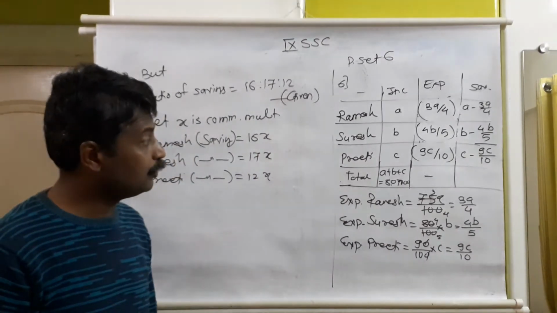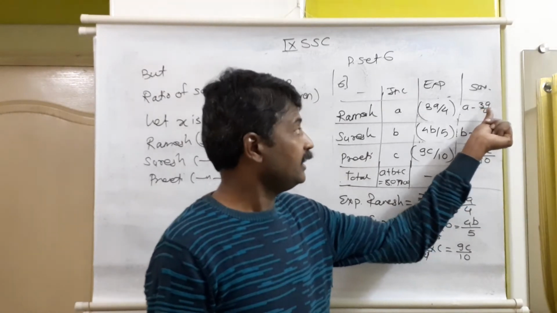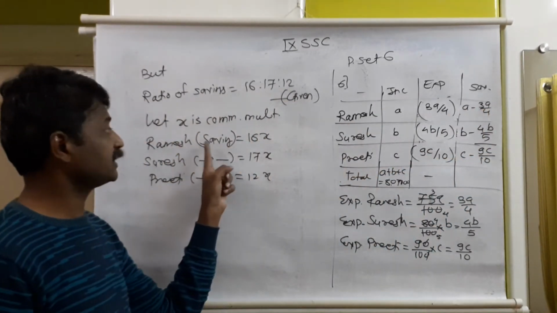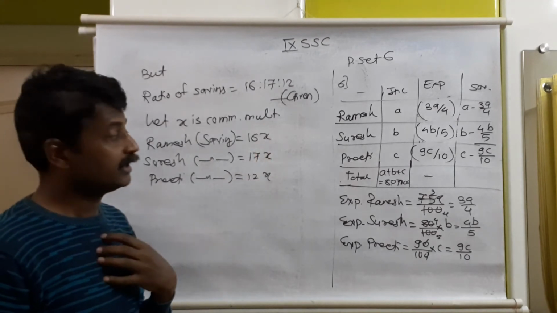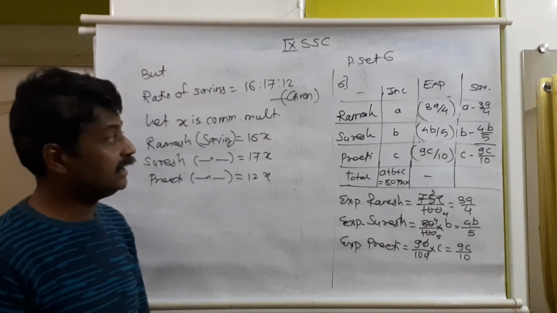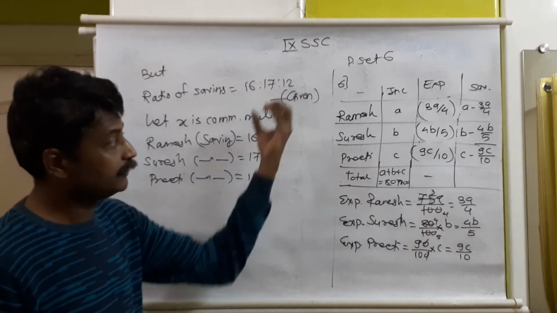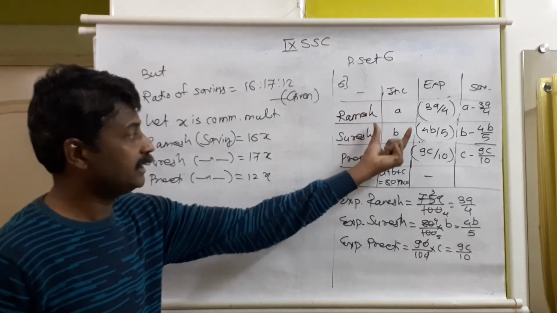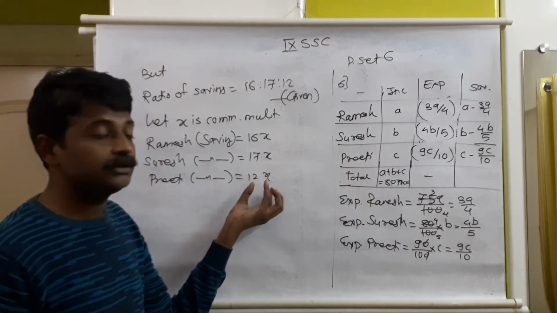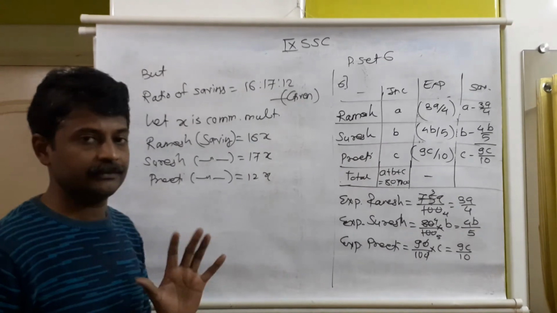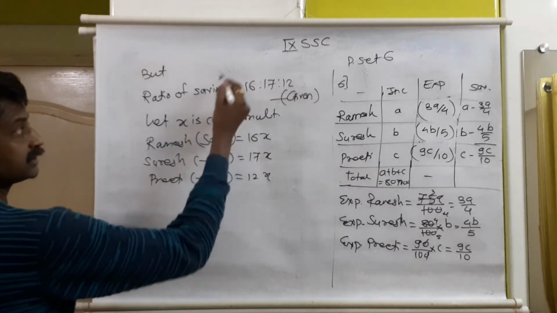Now, as we know, here the saving is in the form of A, and here we have the saving of the same person in the form of 16x. So can we get the value of A, value of B, and value of C in the form of x? See, now we have savings in the form of x because it was given to us separately.